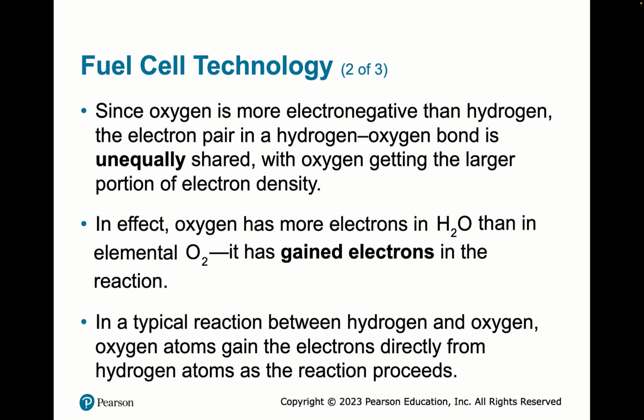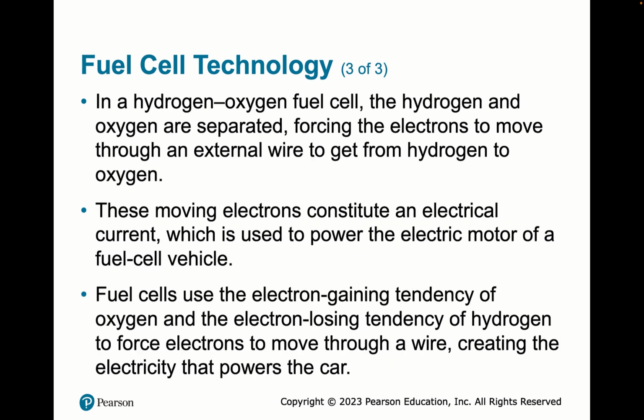Fuels are the most common reducing agents. Oxygen is the most common oxidizing agent. We separate them, and it's a pretty complicated process, but it involves the hydrogen being absorbed on the metal surface, and then the electrons leave the hydrogen.